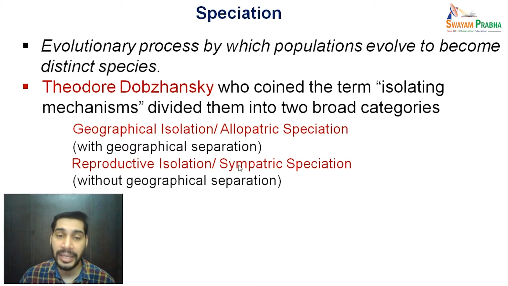In contrast, sympatric speciation involves reproductive isolation. That means there is no involvement of geographical barriers; geographical separation is not there. Instead, they are reproductively isolated. Now, you will understand it more in the coming slides, what we mean by these kinds of isolation mechanisms or speciation.